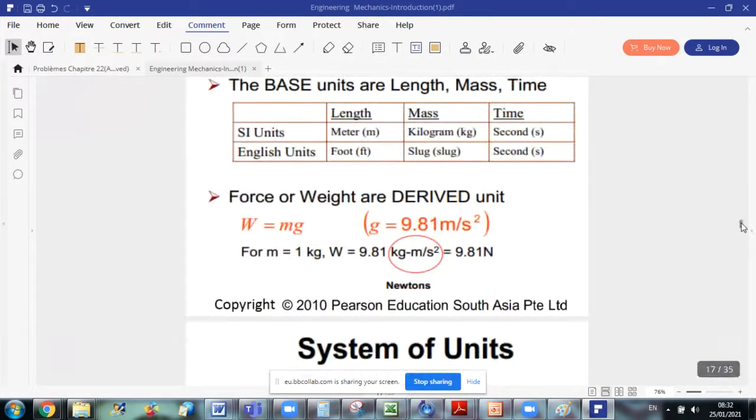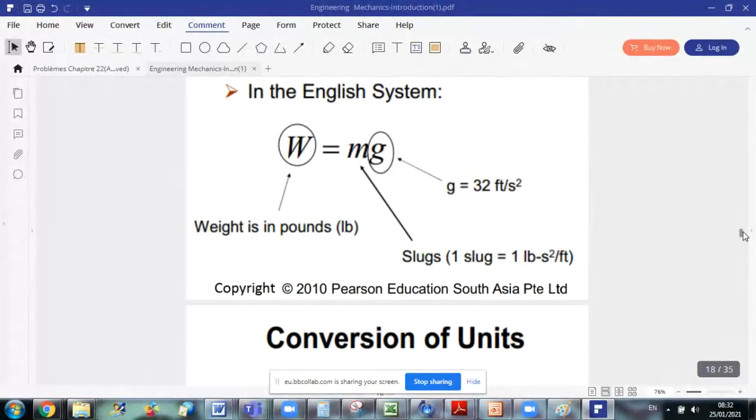You can convert easily from one system to the other, because for example, W equals mg. If you are working in the English system, then the weight is in pounds, lb, the mass is in slug, and g is in feet per second square, and it's equal to 32 or 32.2.